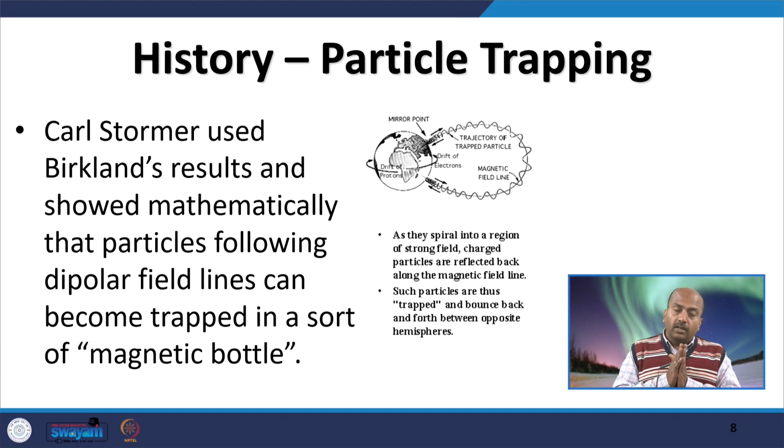So, this magnetic trapping, or particle bouncing between the opposite poles of the magnet, gives a possibility for electrons or energetic particles to precipitate into those regions where there is no direct sunlight, right. So, that becomes a possibility of energy input into the atmosphere without direct input from the Sun, all right.